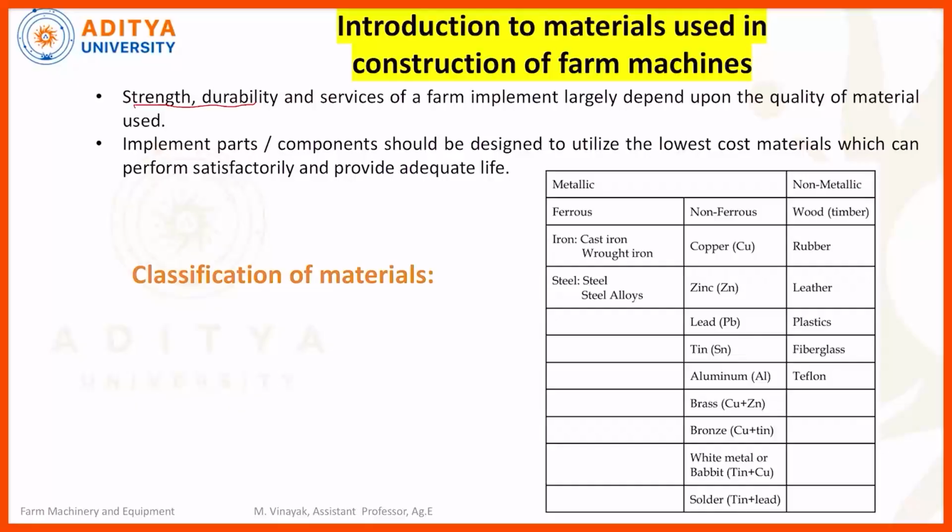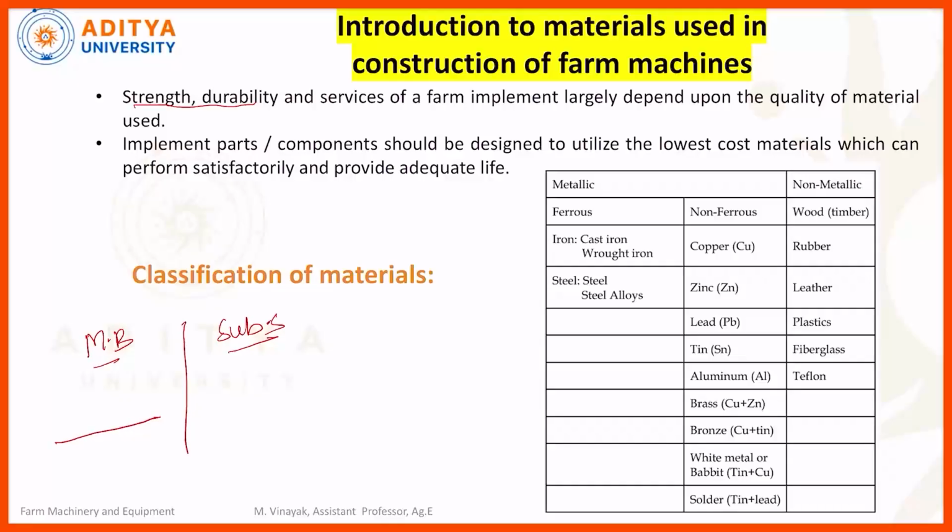Most plows interact with the soil as well as plow the land below the earth surface up to 30 centimeter depth. Some tillage implements can plow the land up to 70 centimeter depth also. Suppose we take two types of tillage implements. First one is a moldboard plow, that is MB plow. Next one is a subsoiler.